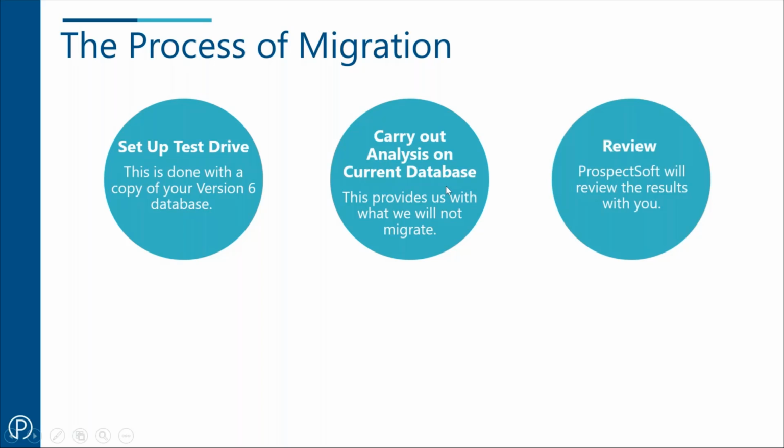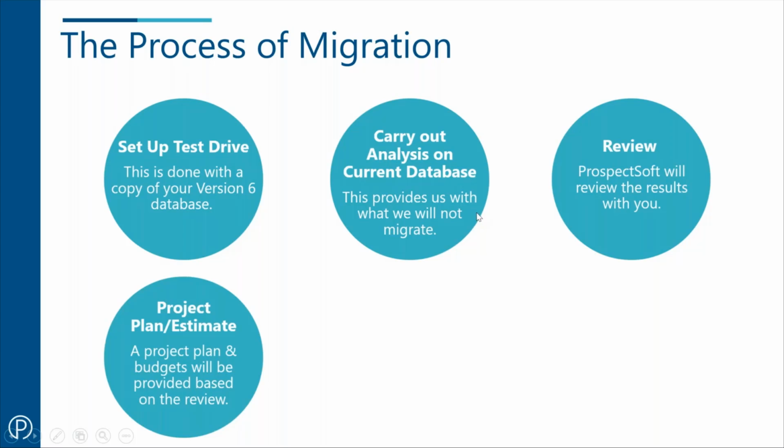So once we've done that analysis, and together we have reviewed that, we will review the results with you. We can help you through understanding what each element is and if you actually do use it, or if those things can be improved. So we do a whole review process on that analysis, and again at that point, if you still think the system is right, it can do all the things that you're hoping it can do, we will then, after that review, go through and put together a project plan.